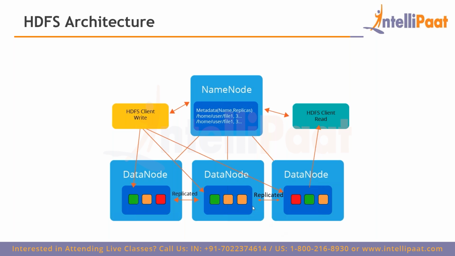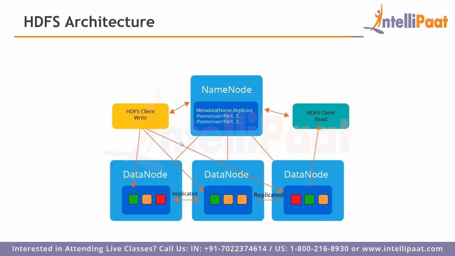HDFS also implements a data integrity and safety mechanism. Say data node 1 fails, but you want the data to be backed up. You don't want the data to be lost, because without the data in data node 1, the data in data node 2 and 3 will be useless.